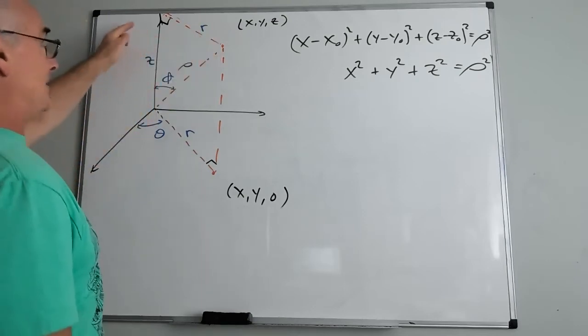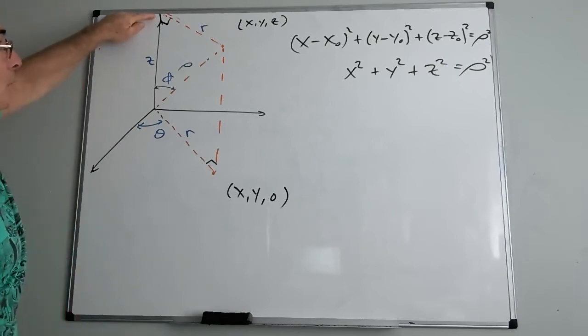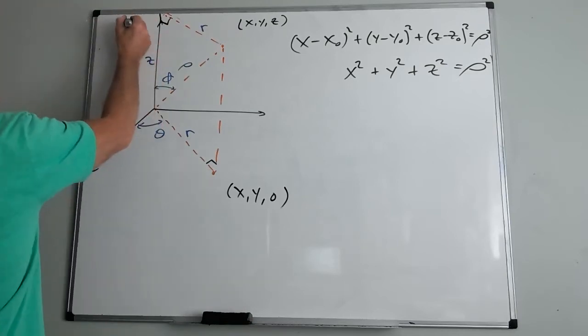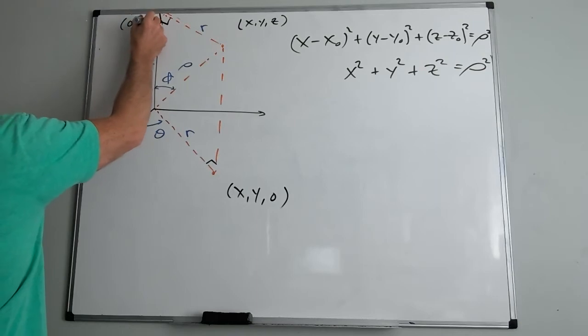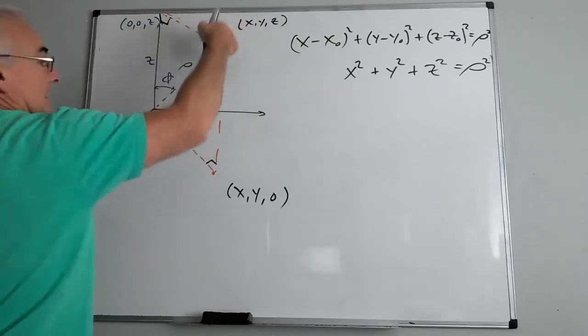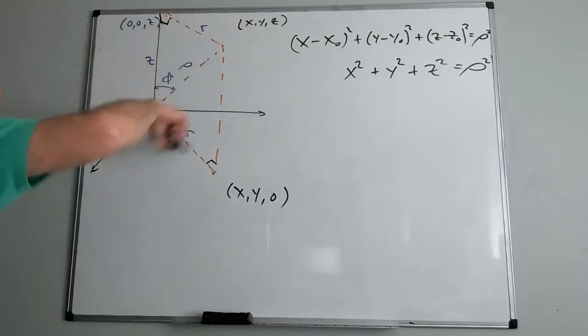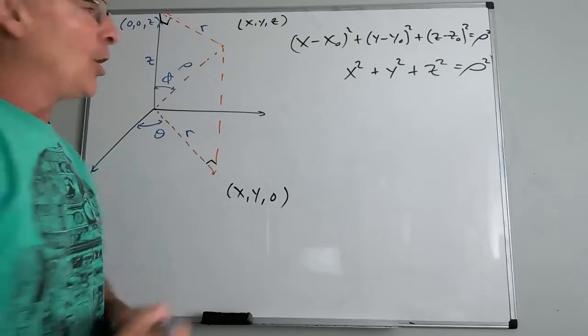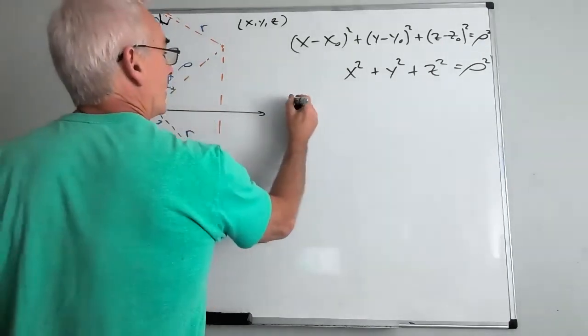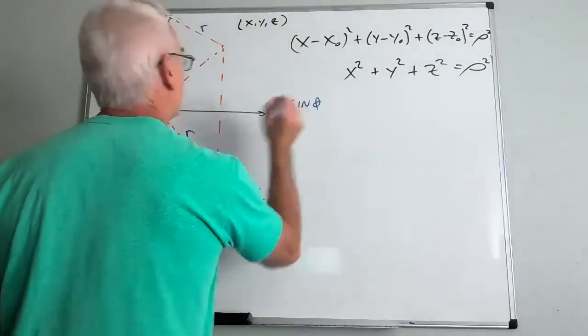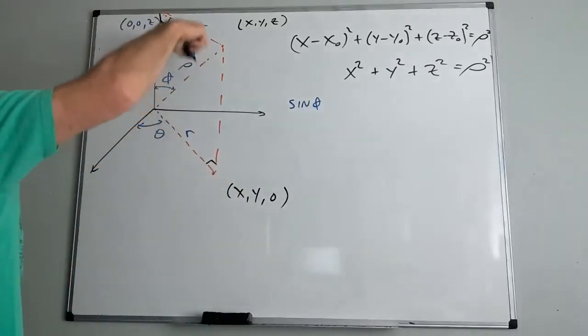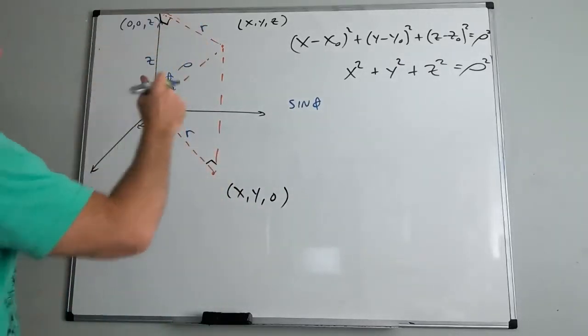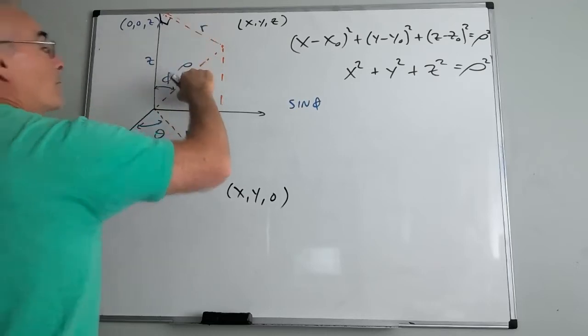When I go straight back to the Z axis, that point would be 0, 0, z. Same z. This would be x, y, 0. Now that I've got all of these, I have some wonderful relationships between the stuff going on here. So first of all, look at that picture right there. The sine of phi, think SOHCAHTOA, would be r over rho.